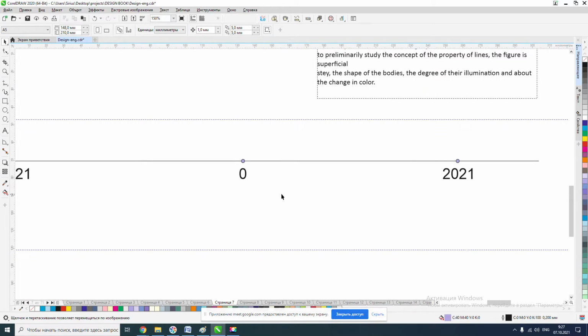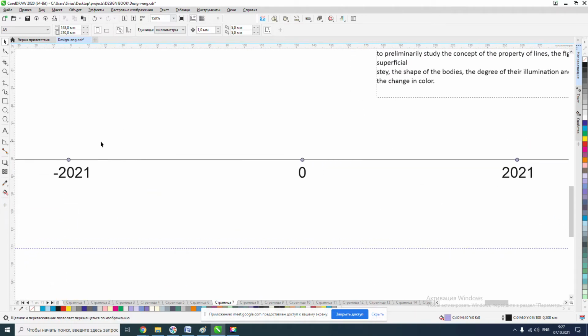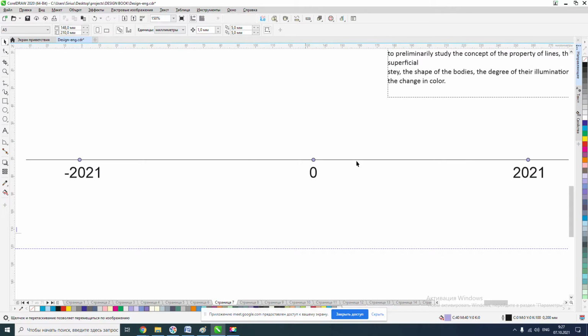It means that if we start from 0 and 2000 years passed, and if we go to the past, for example 4000 years ago, we pass the 0 and go further.